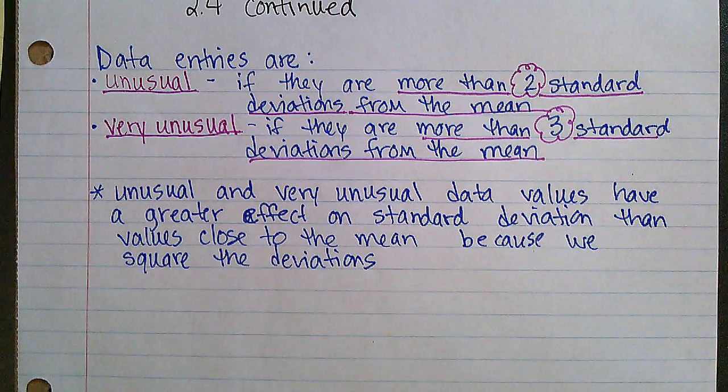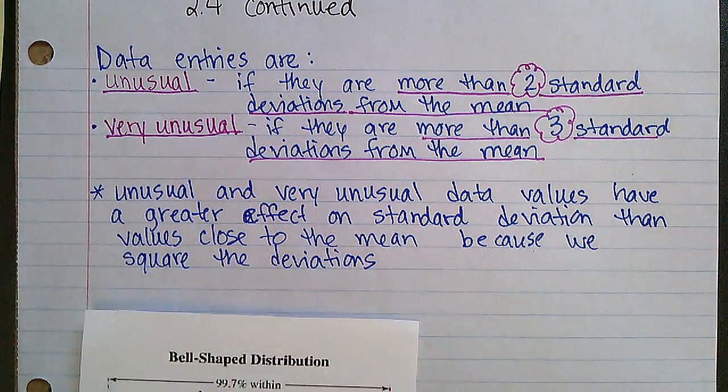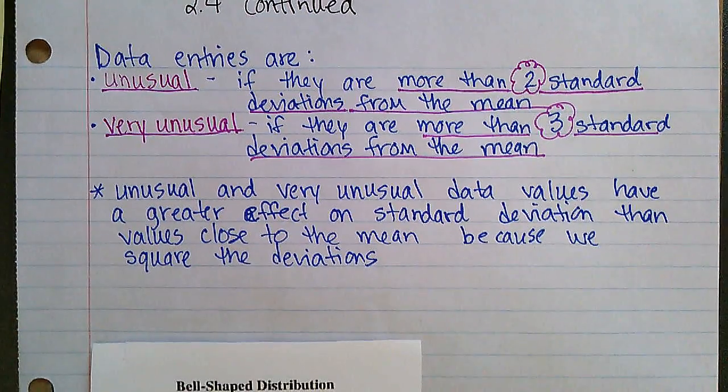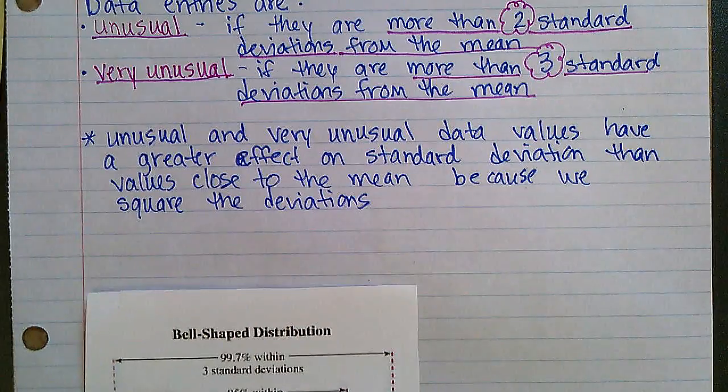So we're going to talk about something that's called the empirical rule, and it has to do with bell-shaped distributions. So we're going to use this bell-shaped distribution graphic here in a moment.